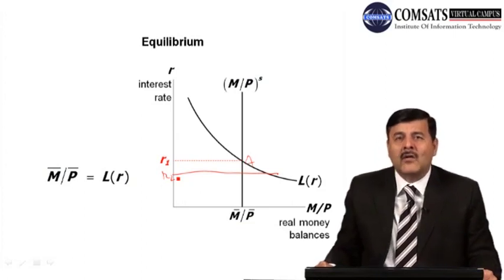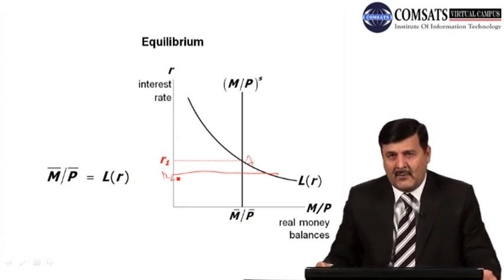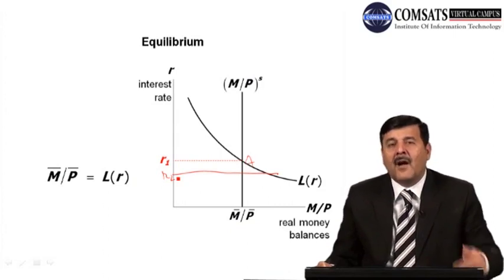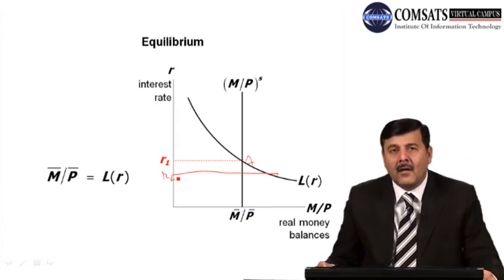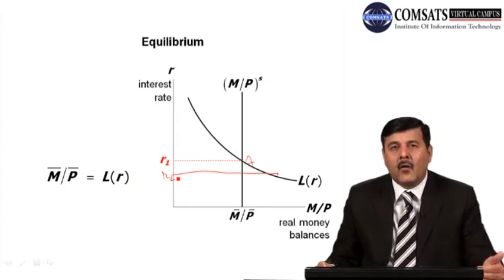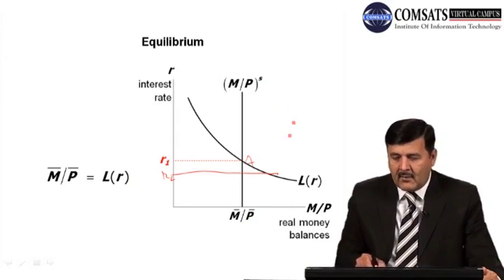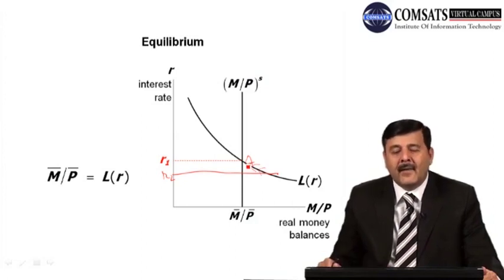When demand is more than supply, what will happen? The rate of interest will start going up. If the rate of interest is higher, what will happen to the demand for money? Demand for money will start coming down, and supply of money will go up. So slowly and gradually the market will move towards the equilibrium point, which is point A.